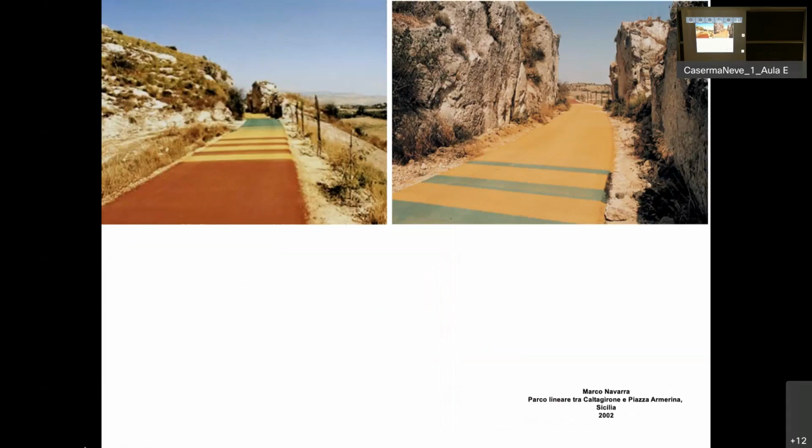This is an example that has become kind of classical now. It is an example in Sicily by the architect Marco Navarra, maybe you know him because he came to Piacenza for a previous summer school, I guess. This is a linear park between Caltagirone and Piazza Armerina.